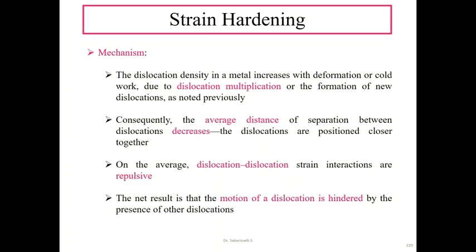The dislocation strain interactions are repulsive, so the net result is that the motion of dislocations will be restricted or pinned down, and as a result we require a large amount of stress for dislocations to move.